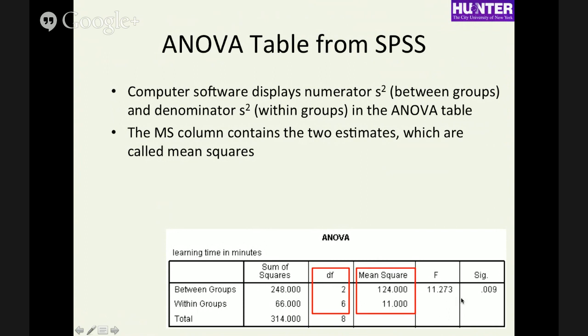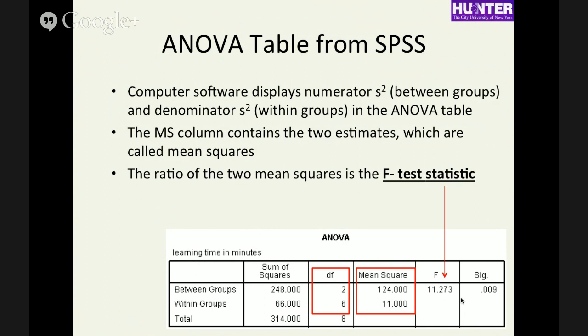And as we kind of guessed from the plot, this is a significant difference in the means. Yep, so your p-value is less than 0.05, we're going to reject the null hypothesis.